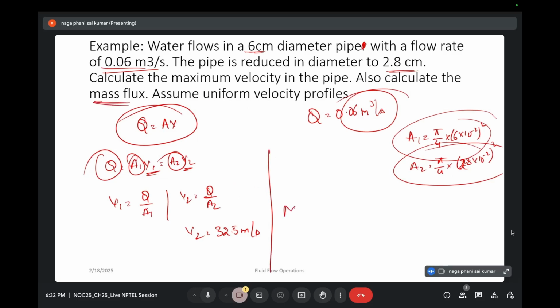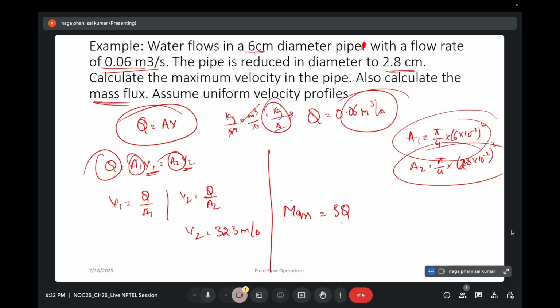We're also asked to calculate mass flux. Mass flux is nothing but mass flow rate, that is density into volumetric flow rate. If you observe the units, density is kilogram per meter cube and flow rate is meter cube per second. The meter cube cancels out and we have kg per second, which is the unit of mass flux.